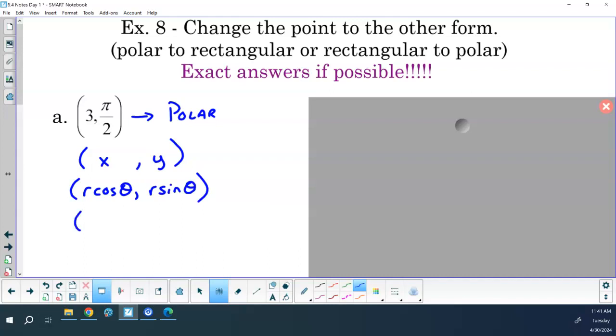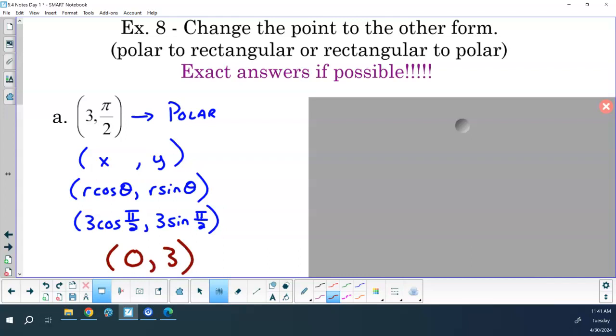So that's 3 cosine of pi over 2, 3 sine of pi over 2. Cosine at pi over 2 is 0, times 3 is 0. Sine at pi over 2 is 1, times 3 is 3. So this is the rectangular point 0, comma 3.